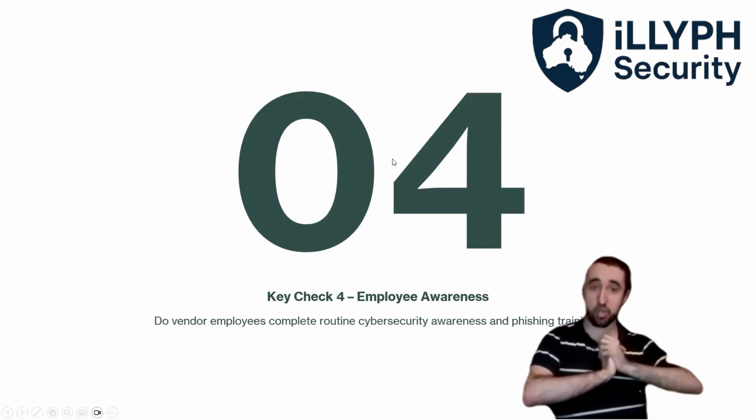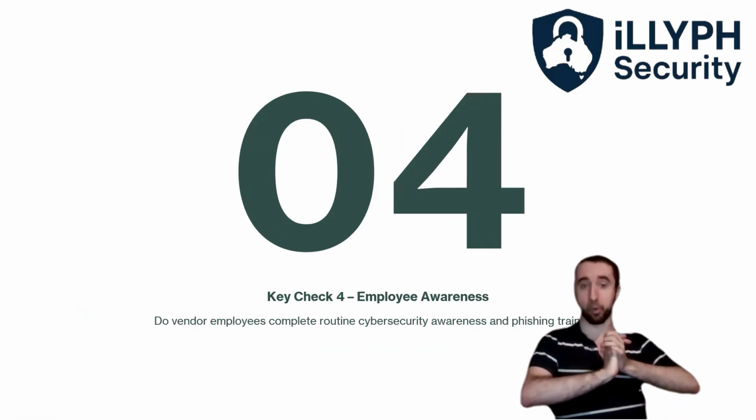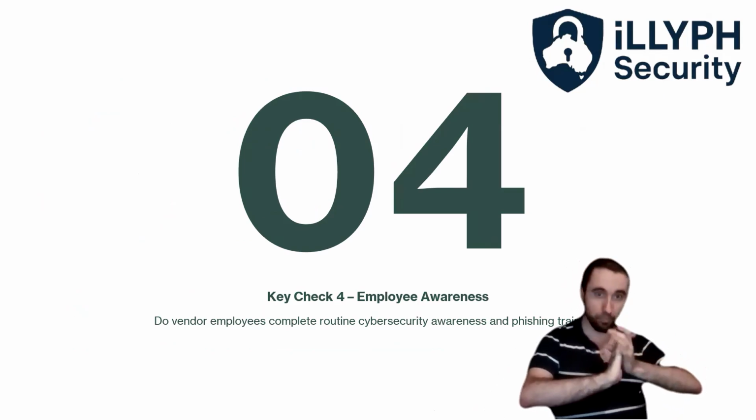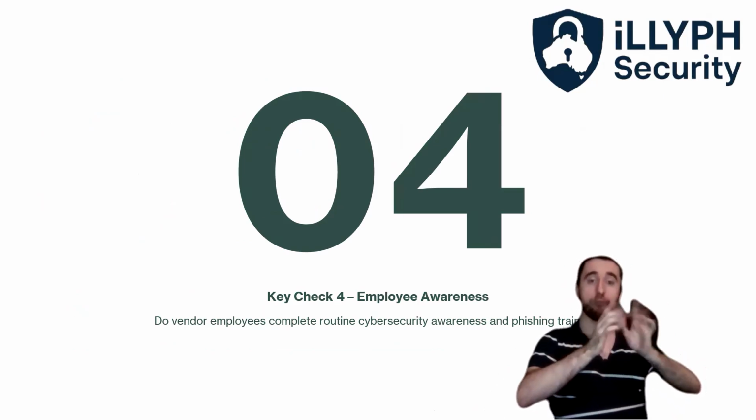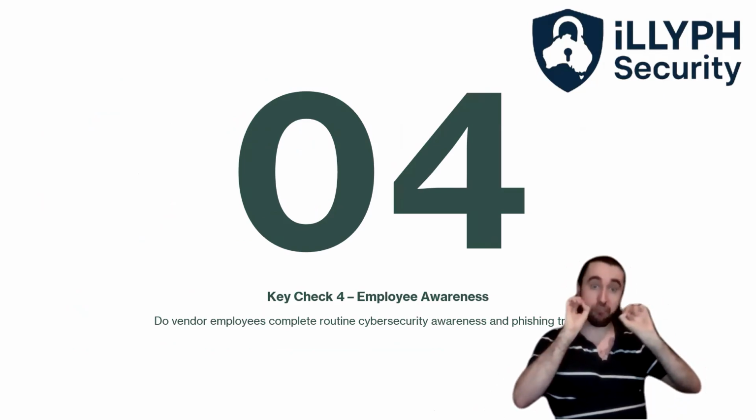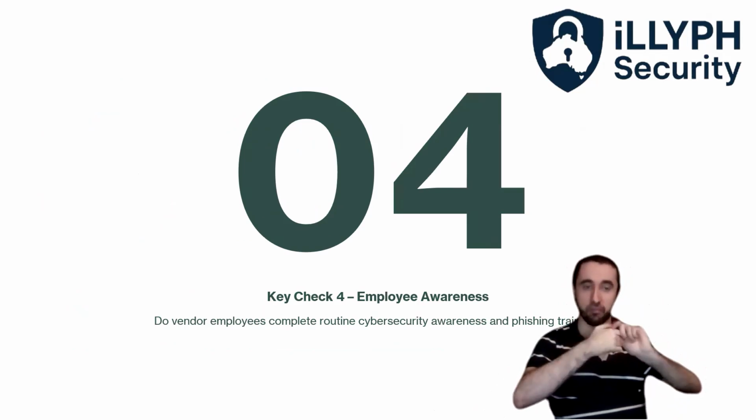The fourth key check is employee awareness, which is human risk. Staff are often the first line of defense, and human error is a major cause of breaches. We want to ensure that vendor staff receive regular cybersecurity awareness training, including phishing, password hygiene, data handling, and incident reporting.